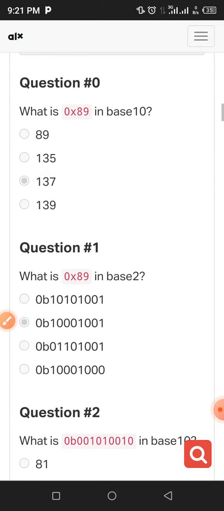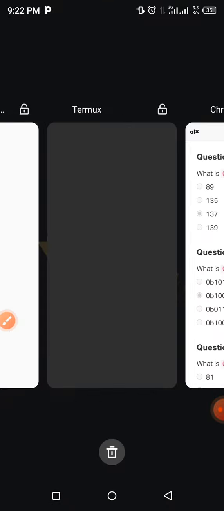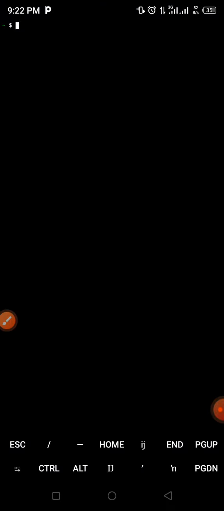What is 0x89 in base 10? So actually, sorry, I've forgotten to add this to it. The simplest way to identify a hexadecimal number, because in real life situations we should know that if, for instance, we are operating in base 2, we start with 0 and end with 1.